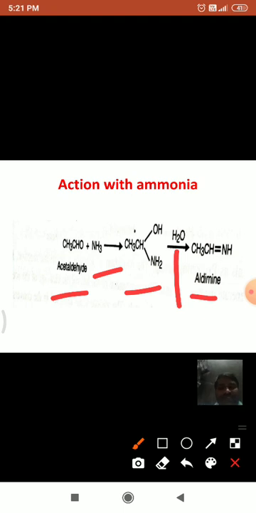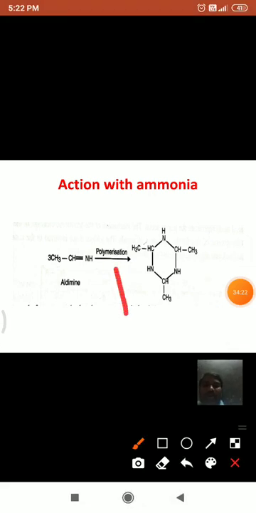And this aldimine is highly reactive, and 3 moles of this aldimine product undergo polymerization and form a cyclic trimer. That means first aldehydes with ammonia form aldehyde ammonia product. With loss of water molecule, they form aldimines. These aldimines are highly reactive and undergo polymerization to form cyclic trimers.